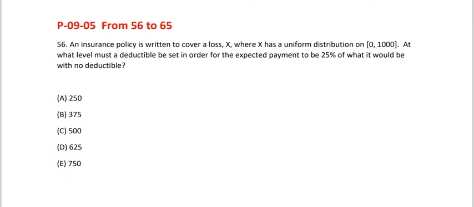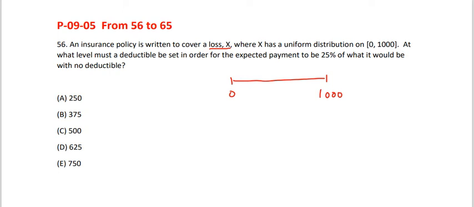From problem 56, it says the loss X is from a uniform distribution. So loss is from 0 to 1000 uniformly.